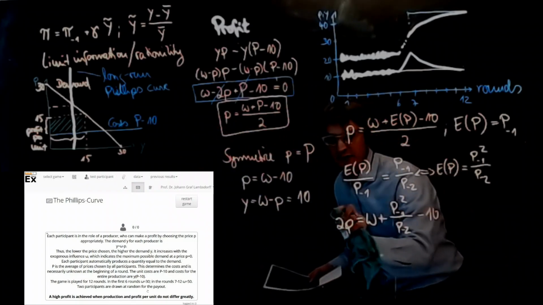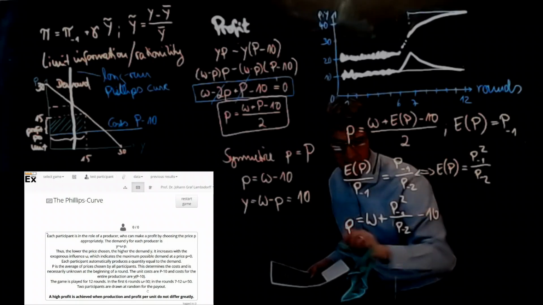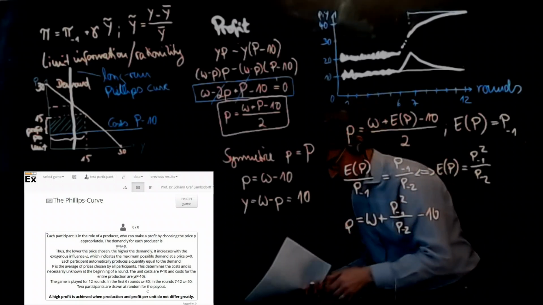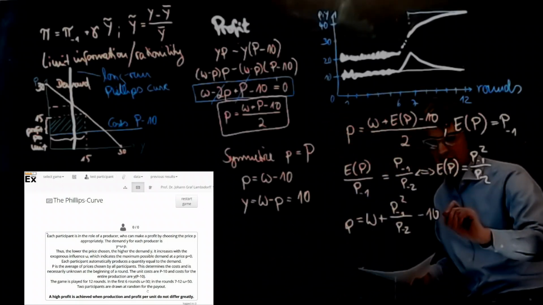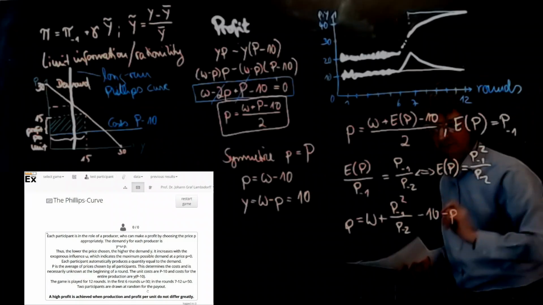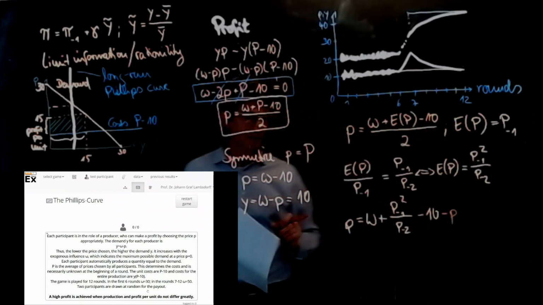I take away one of the p's here, bring it to the other side, such that I have minus p here. Okay?